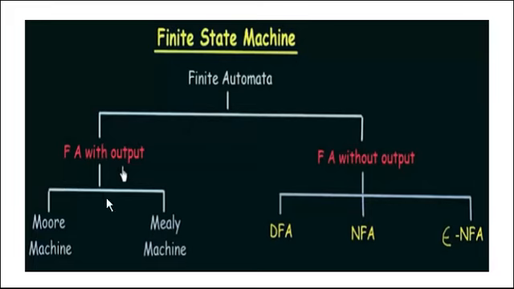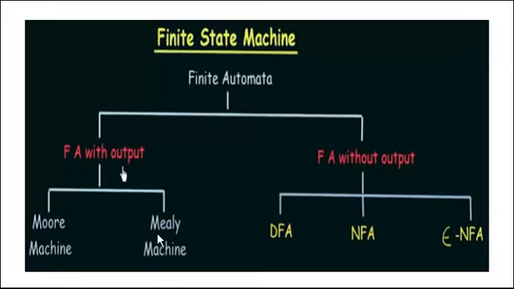The second type of FA is FA with output. These automata generate outputs. This is further classified into two types: Moore machine and Mealy machine. Now what is the difference between the Moore machine and the Mealy machine? Both generate output, so what is the difference? In the case of the Moore machine, the output depends only on the present state of the system.